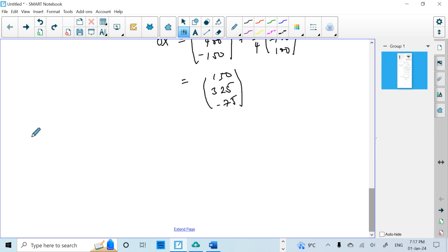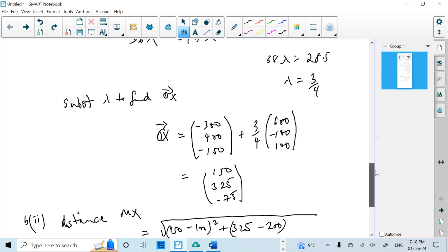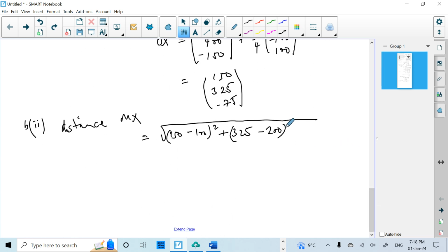Part 2, the distance. The distance mx will be found using Pythagoras, equal to the square root of 150 minus 100 all squared, plus 325 minus 200 all squared, and finally add minus 75 minus 100 all squared.